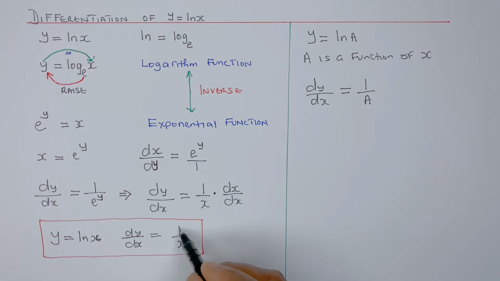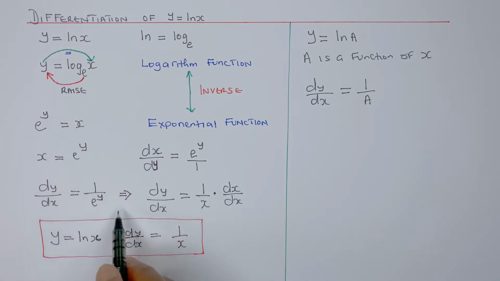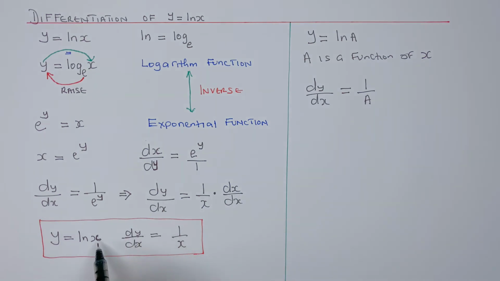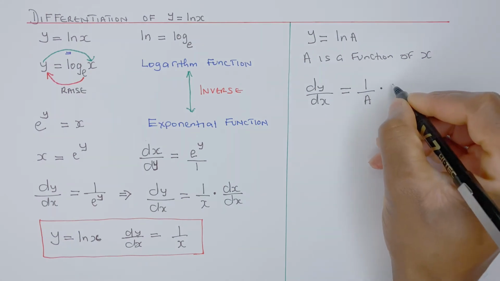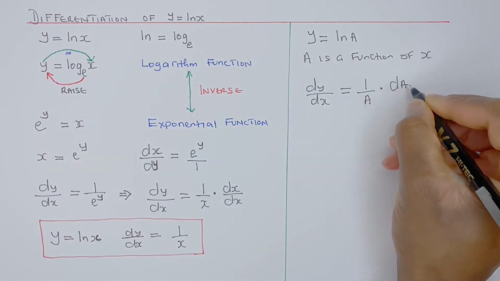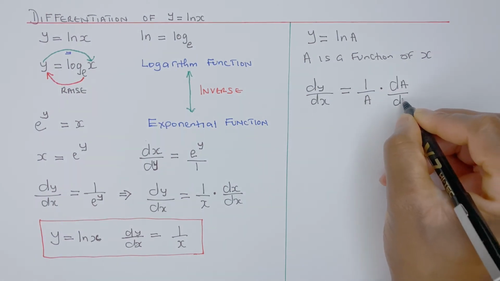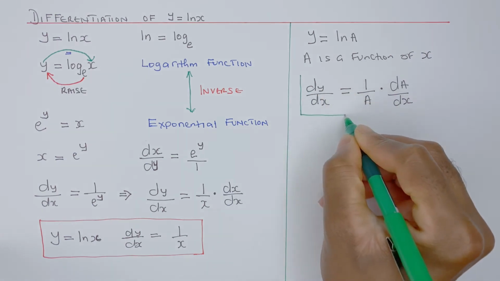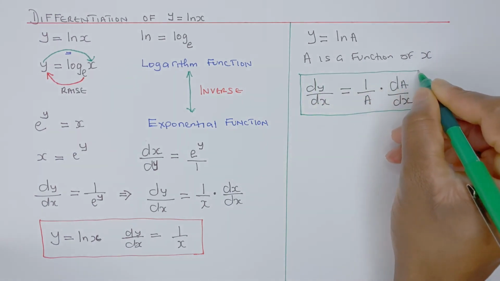As you can see, 1 over x for dy dx for that is 1 over x times dx dx. But because we're differentiating ln a, this will be times da over dx. So this is the key to doing differentiation of ln a.